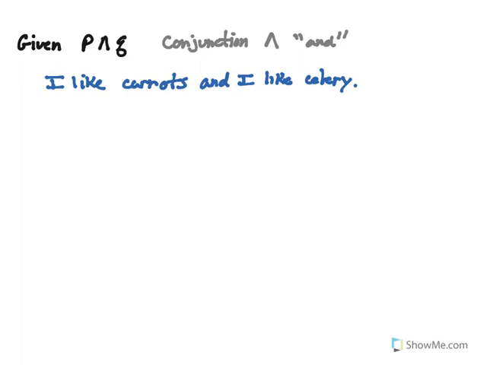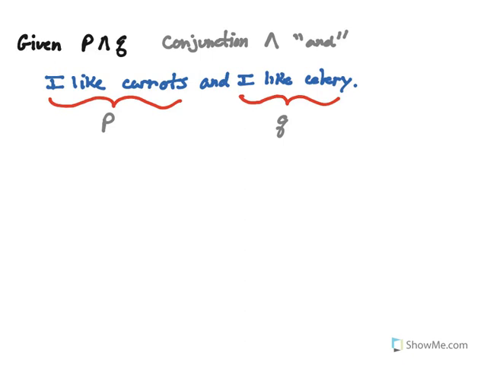So what we want to do is make sure that we are breaking it down. "I like carrots" is basically going to be your P statement, and your Q statement is the other statement to the right of the "and."